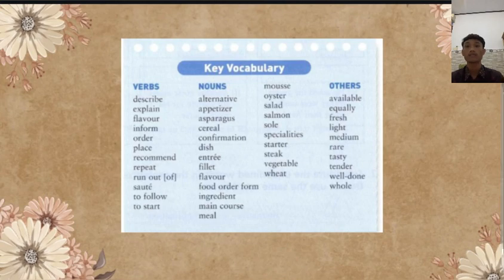In nouns, there are alternative, appetizer, asparagus, cereal, confirmation, dish, entree, and then fillet, flavor, food order form, and then ingredients, main course, meal, mousse, oyster, salad, salmon, sole, especially starter, steak, and then vegetable and wheat.